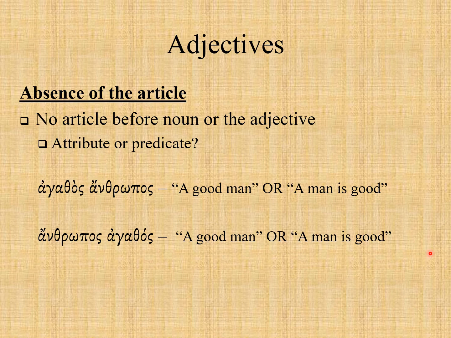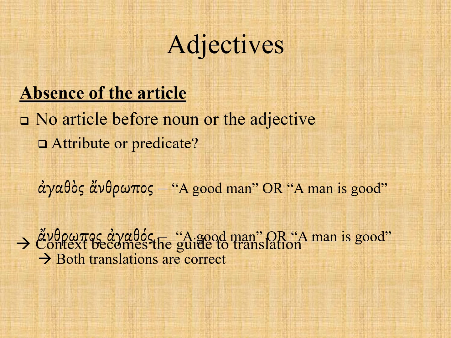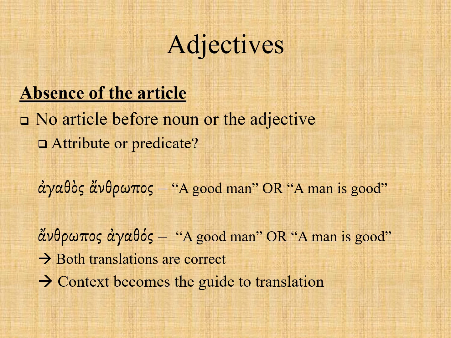Most of the time, the context gives you a very clear clue which way you should translate that. So both translations are correct, and for example, in an exam, either one of the answers would be perfectly good. So the context becomes your guide and your best friend in translation.